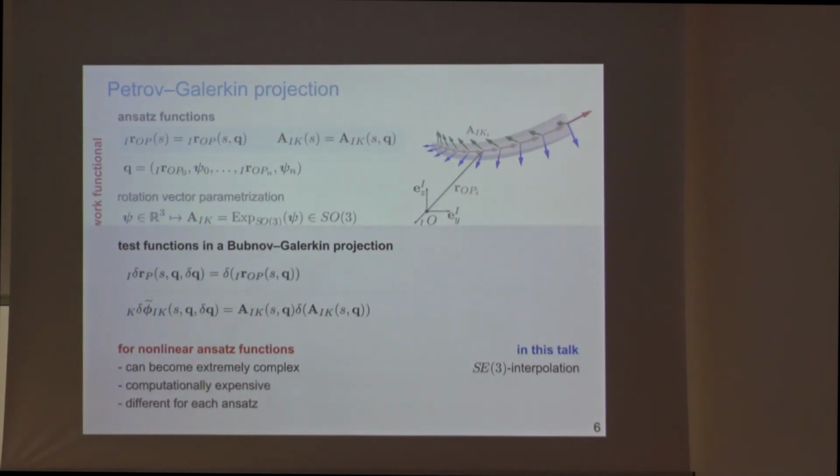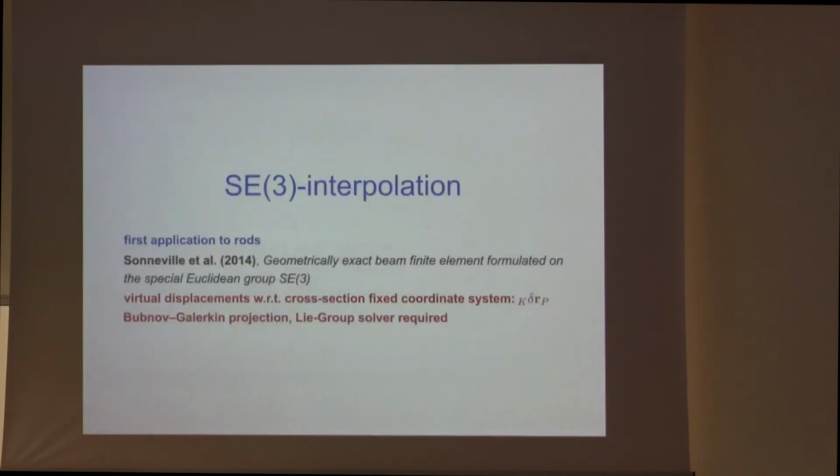And that can be resolved with the Petrov-Galerkin. I will present today only one interpolation, but in fact we came up with an entire family of different ansatz functions that can use the same test functions. And so it becomes very interchangeable, and you don't have to do the calculus again and again.